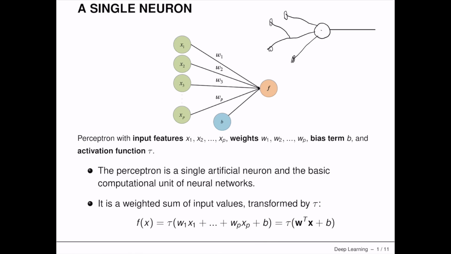And the output, or the value of that function, given the weighted sum as input, is the output of the neuron. Here we can also write it short as vector multiplication if we write in the vector W all the weights of the connections, and in the vector X all the input values.